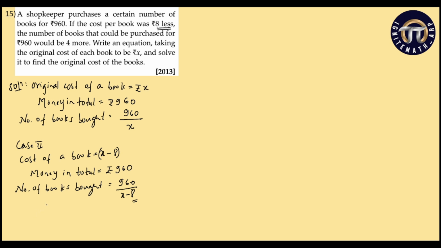I can write the equation as 960 by x minus 8, minus 960 by x, is equal to 4, because I have bought 4 books more in the second case. I will take the LCM, x into x minus 8, and in the numerator I get 960x minus 960 into x minus 8, equal to 4.